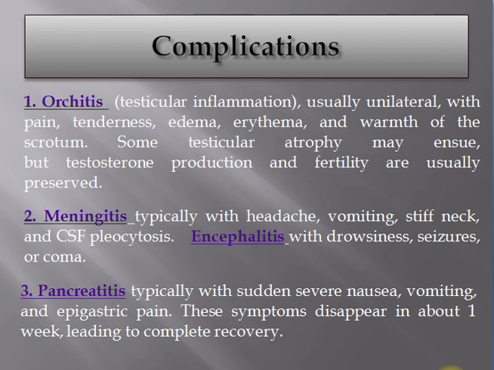About 50% of CNS mumps infections occur without parotitis. Pancreatitis, typically with sudden severe nausea, vomiting, and epigastric pain, may occur toward the end of the first week. These symptoms disappear in about 1 week, leading to complete recovery.